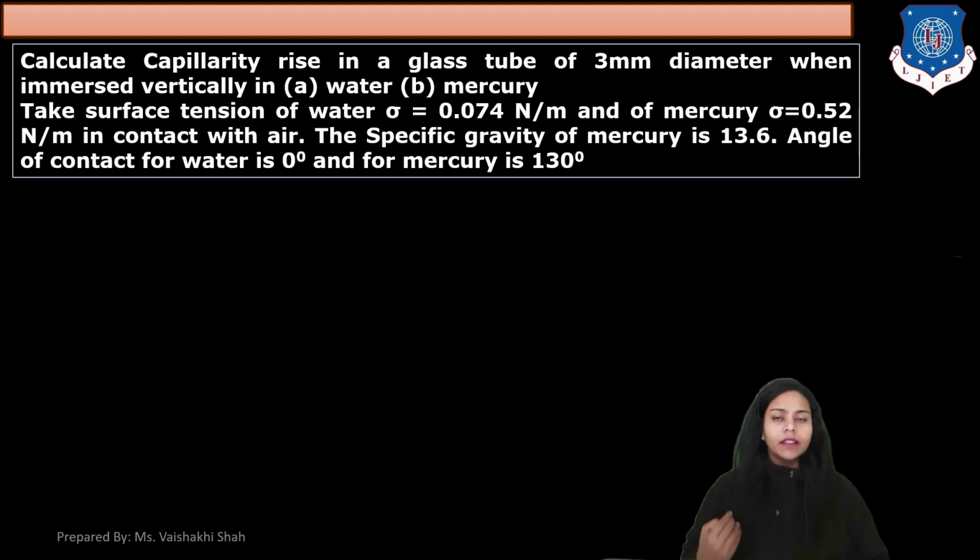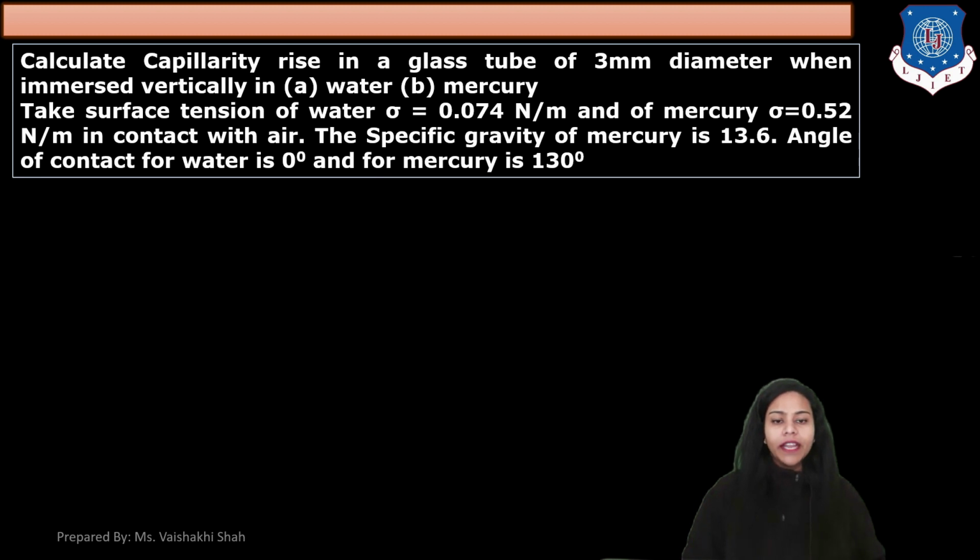Now the surface tension of water, sigma, is 0.074 Newton per meter, and for mercury it is 0.52 Newton per meter. Sigma for water and mercury is given. The specific gravity of mercury is 13.6.